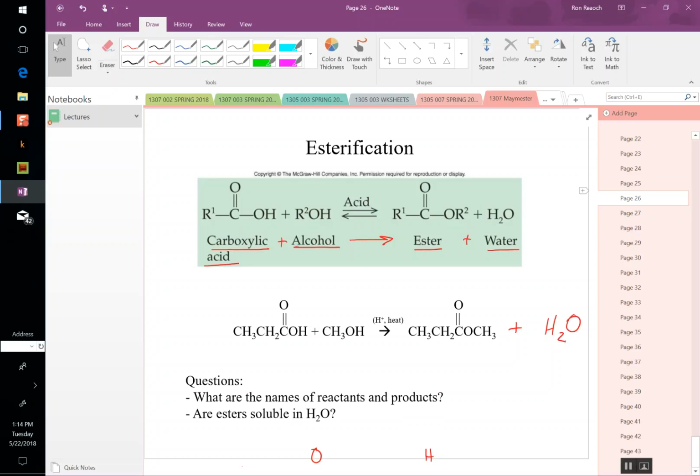Let's take a look here. At OH, where is that OH? It's on that carbon. What carbon did you bind this to?